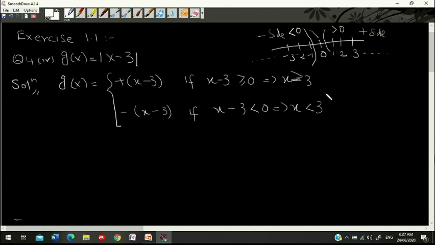Now, from this concept, we can say the domain of this function is from minus infinity to 3, union the closed interval from 3 to infinity. Why have I used this closed interval? Because here we have greater than or equal to, and because of this equality we have to use the closed interval.